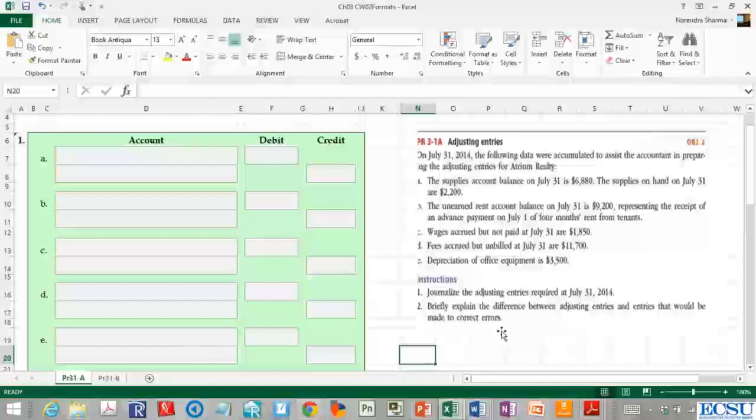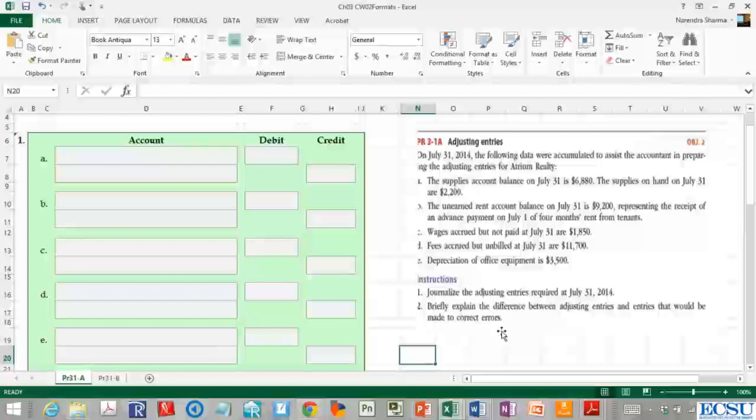First one, it says supplies account balance on July 31st is 6,880. The supplies on hand on July 31st are 2,200. So now what you need to do is find out the difference between the two. The difference between the two will be considered as the supplies that have been used.